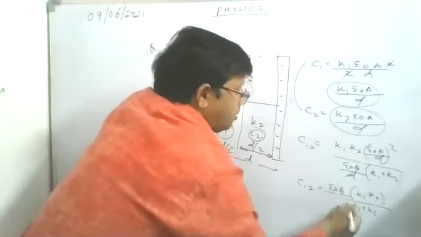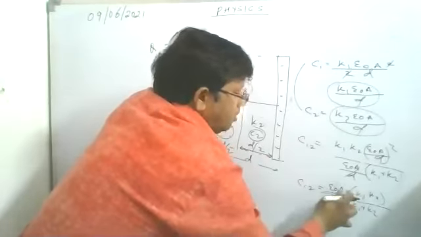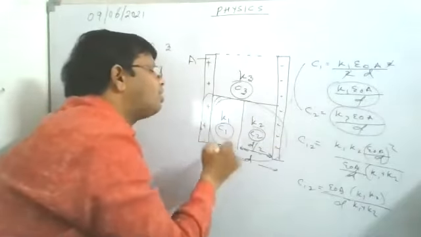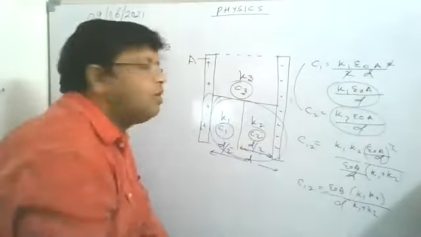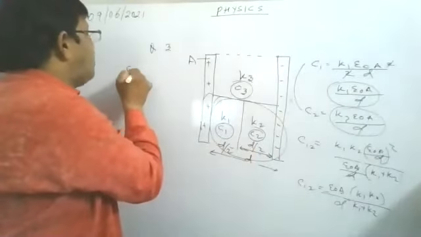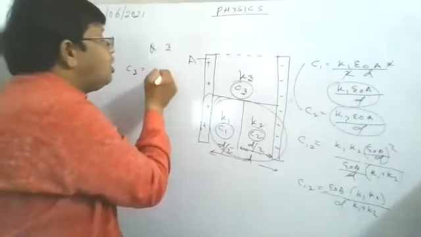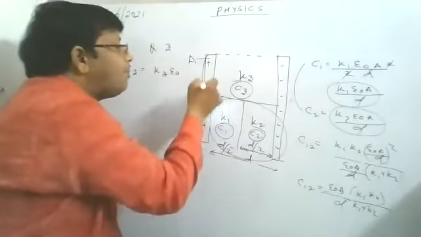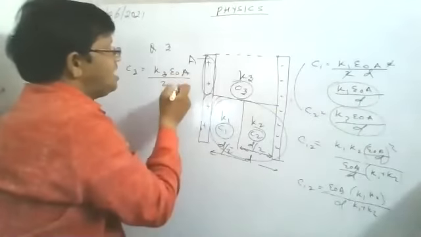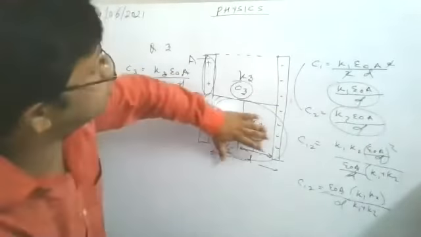Now see here, beta. We have derived the equivalent capacitance of C1 and C2. Now C3. Yes, beta, tell me, what is the capacitance of C3? K3 epsilon naught, area becomes A by 2 and distance is D. Now how are these two connected, beta?